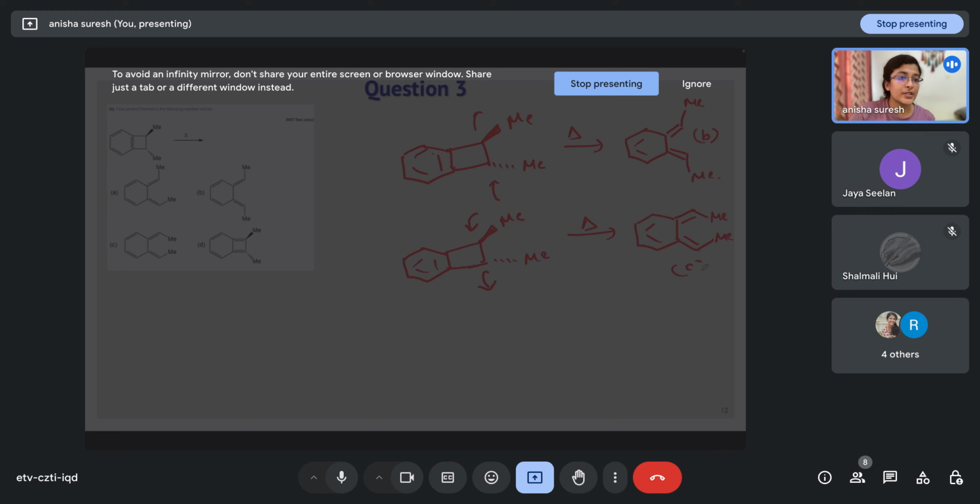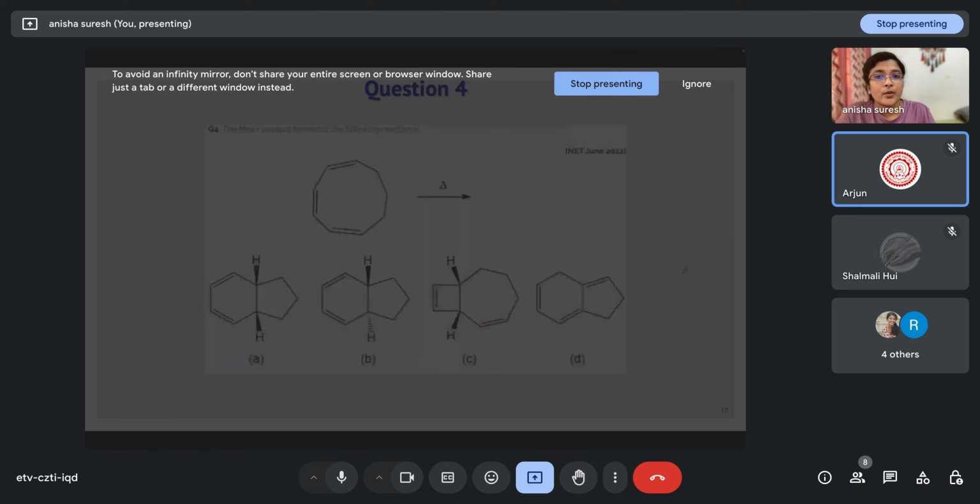So it will result in the formation of C. So the right answer will be option B and C. Is it clear? Yes, ma'am. You can proceed further.